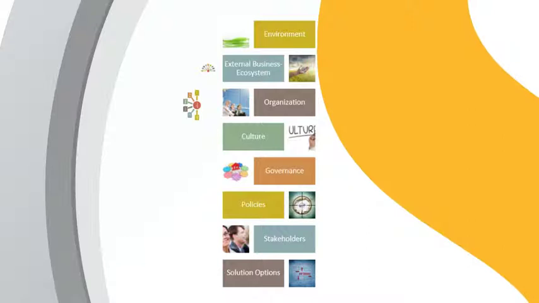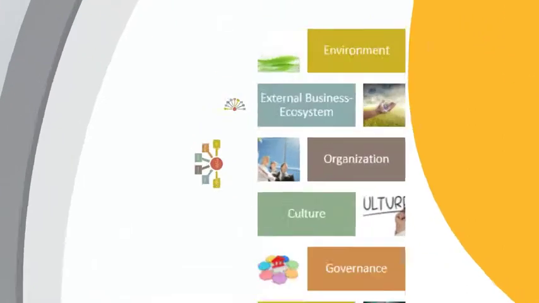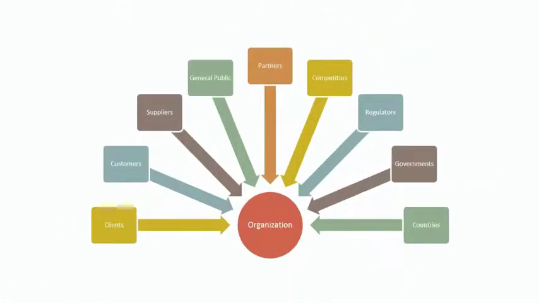Now, each one of these breaks out into more and more information, but we'll just take a look at a couple of them. So let's take a look at external business ecosystem and the organization. The external business ecosystem breaks down into things like clients, customers, suppliers, general public, partners, competitors, regulators, governments, countries, municipalities, jurisdictions, that sort of thing.